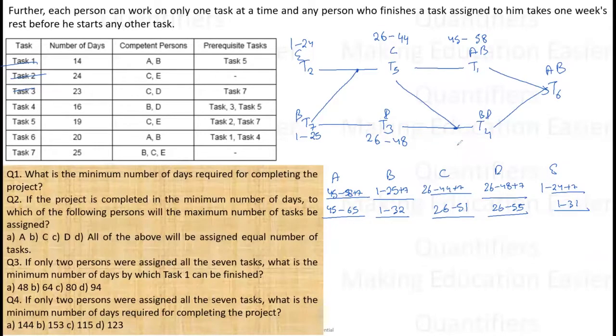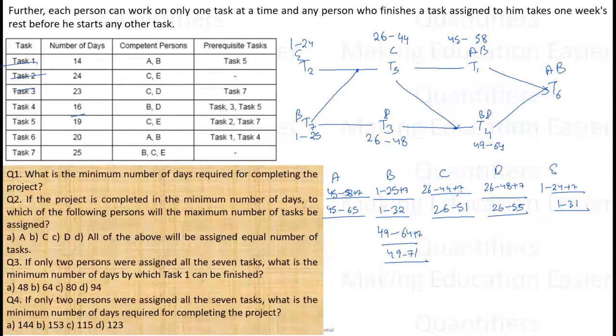I will not wait for D to complete his rest till 55th day. So I will allocate the task to B from 49th day onwards. Task 4 takes 16 days, 49 and 16, 65, 64. So B is now busy from 49 to 64 plus 7, 49 to 71 days.